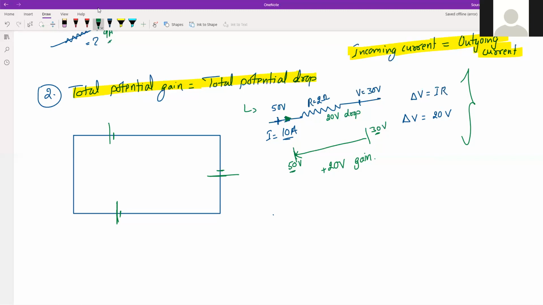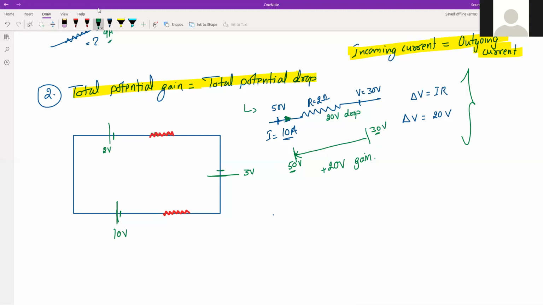Now suppose there is a resistor here. I am drawing the resistor in red just to show that it is resisting or opposing the current. Suppose it is given that this is 10 volts, this is 2 volts, and this is 3 volts.